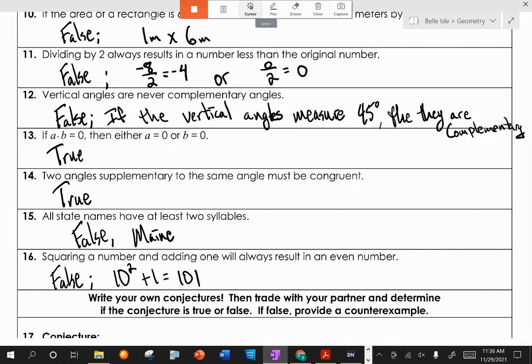So, your task, last thing on the notes, and I'll come around and pass it out. Let's think of it as an activity. 17 and 18. You only need to do one of these. You're going to write your own conjecture.